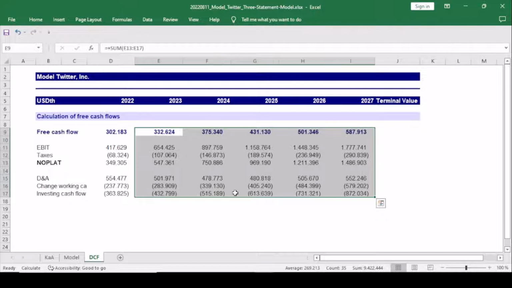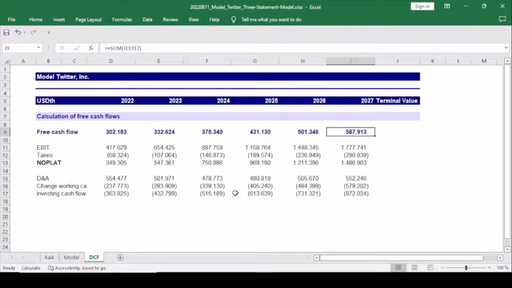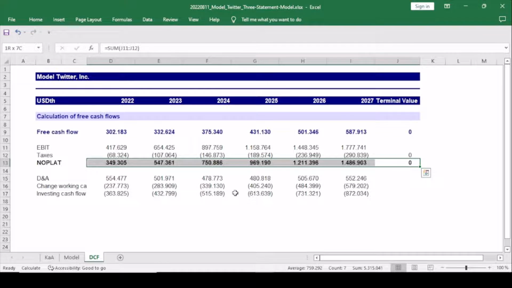Next, we calculate terminal value. So EBIT will be calculated assuming a growth rate, which we will define in a moment. From that, we deduct just the taxes to arrive at our NOPLAT.